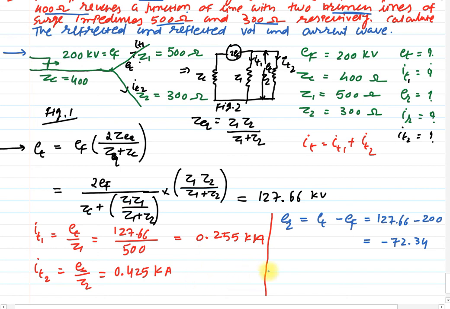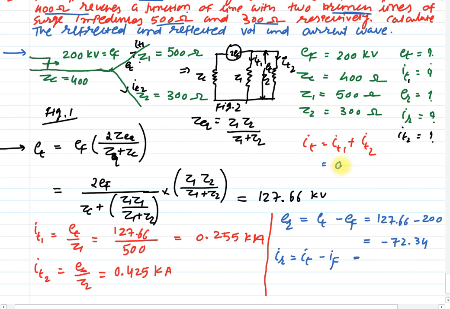Clear? And same way, IR is equal to IT minus IF. Here, what is the value of IT? The summation of both these currents, IT1 plus IT2.